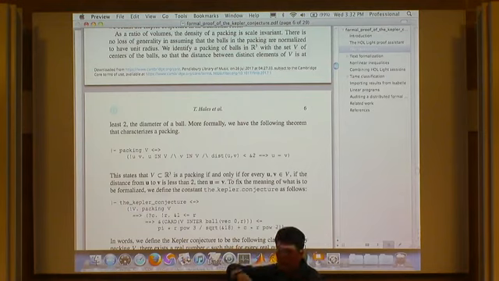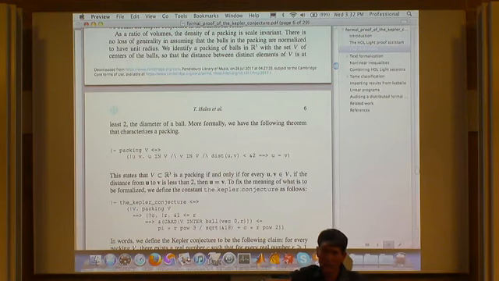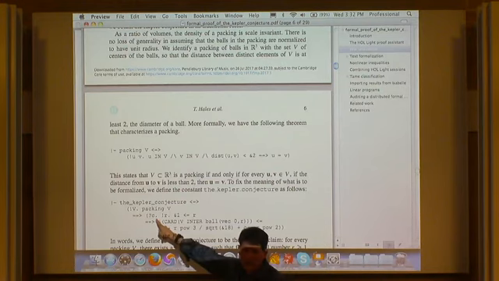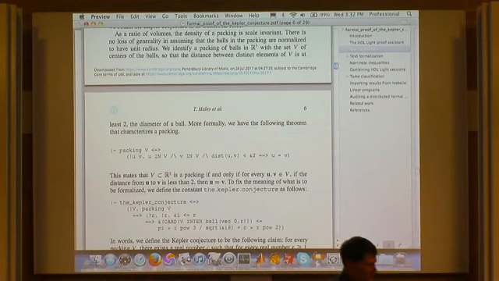And as you let the size of the ball go to infinity, this term goes to 0. We divide out by the R cubed. So the question is, can you be explicit about what this C is?